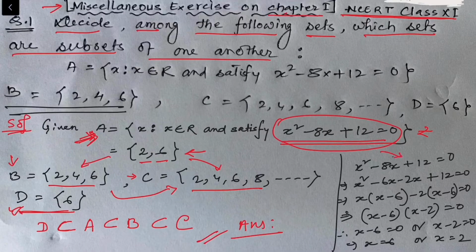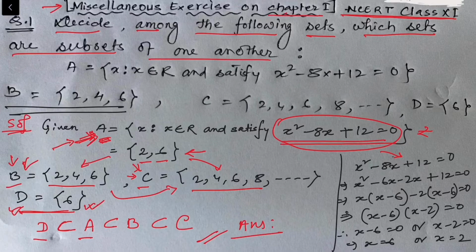This is the solution here, and if you see D contains only 6 and 6 is present in all the other sets A, B and C. So D must be subset of all the other sets, and yes, you see A contains less elements compared to B and C. That's why D is subset of A is written first.